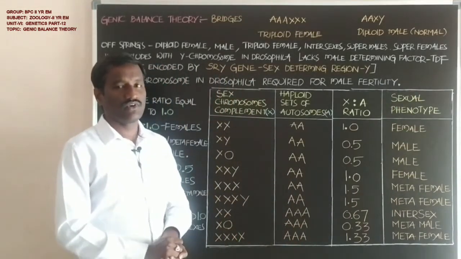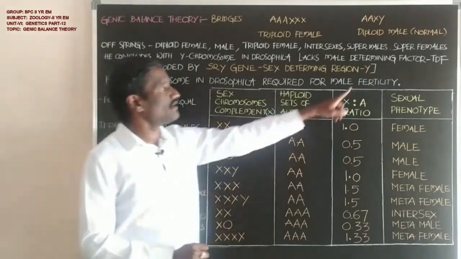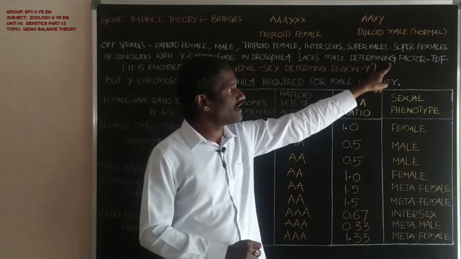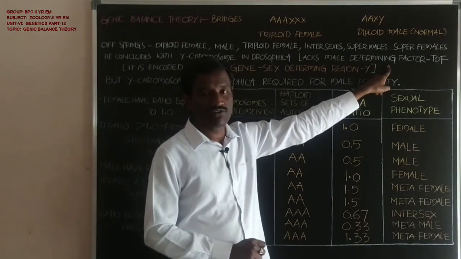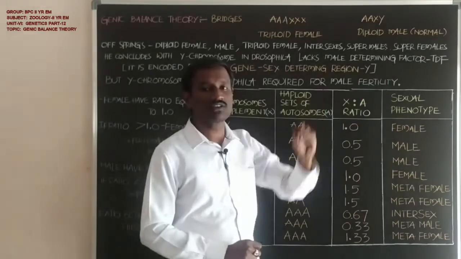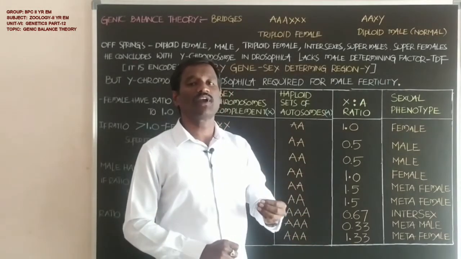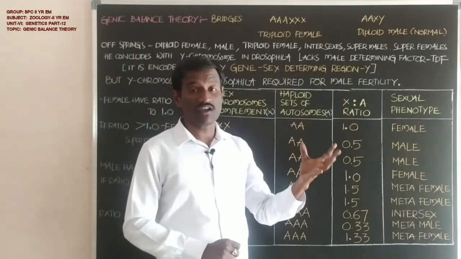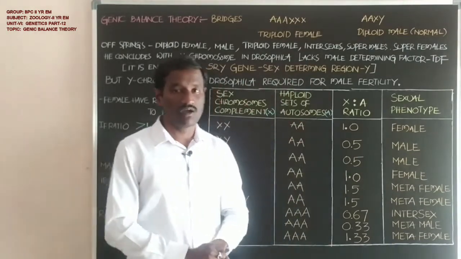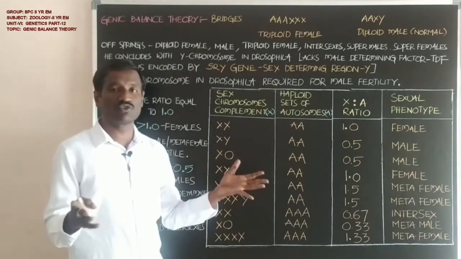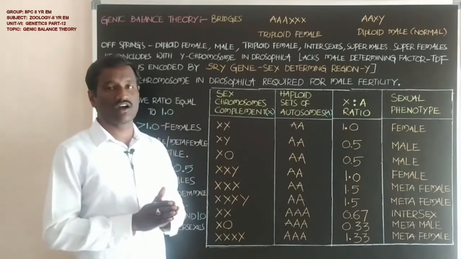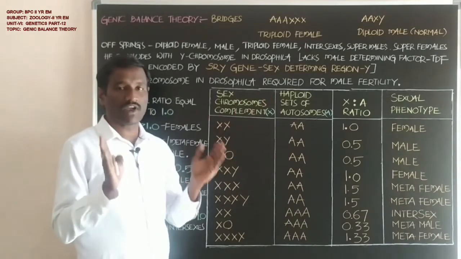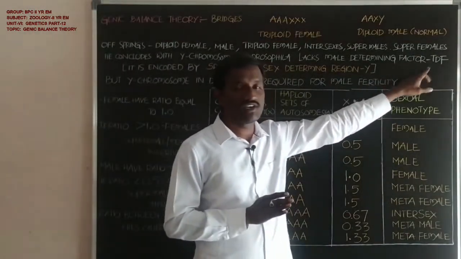Okay, the presence of this TDF, the male determining factor, on the Y chromosome causes the offspring to develop into a male, but the Y chromosome here lacks the male determining factor, the TDF.